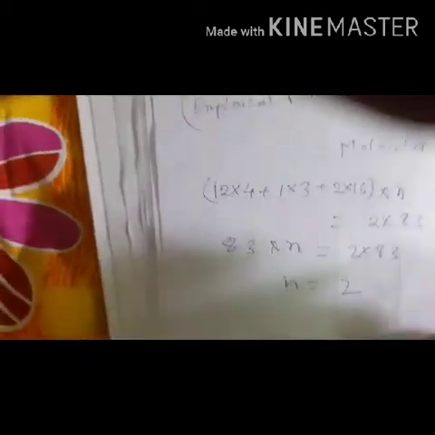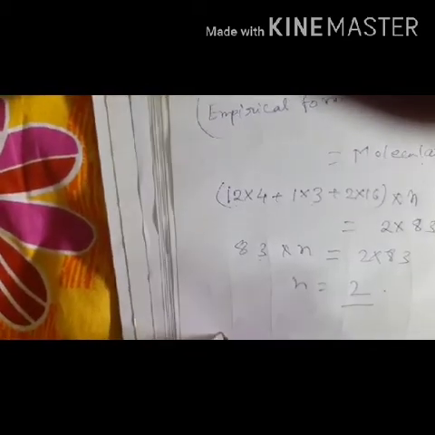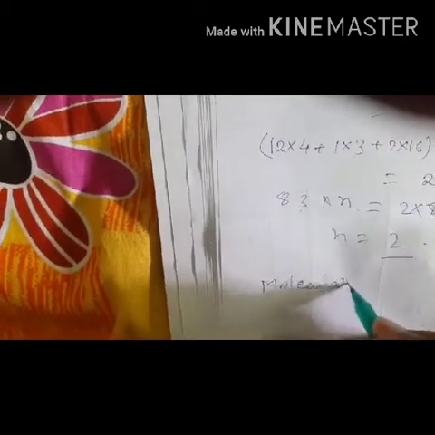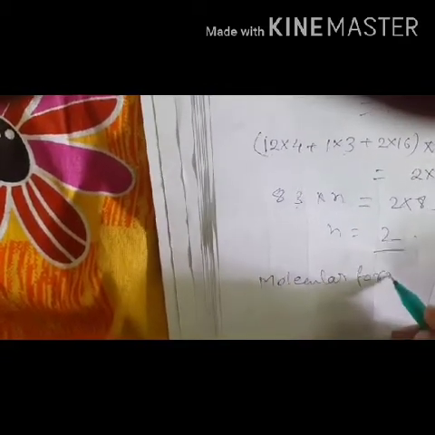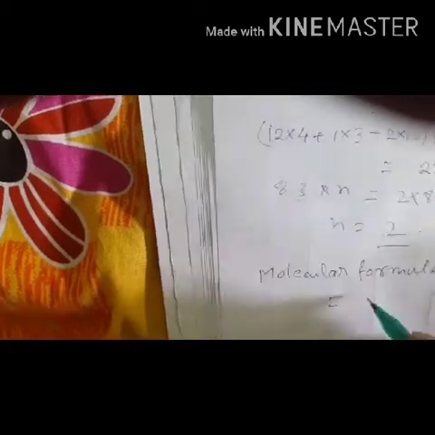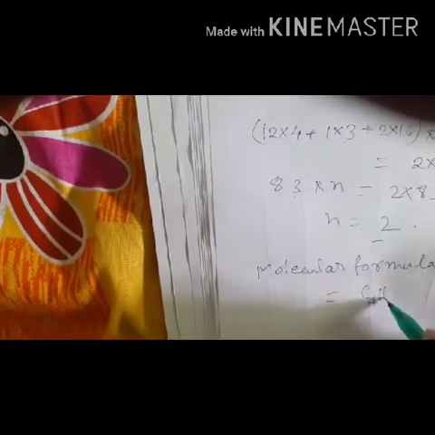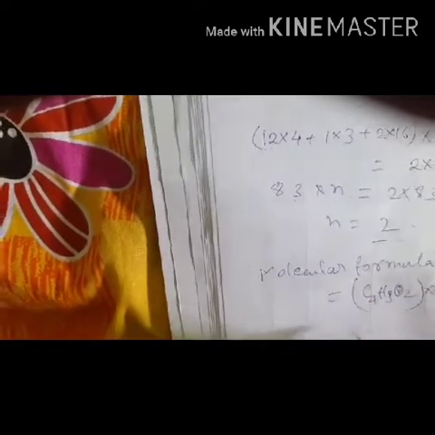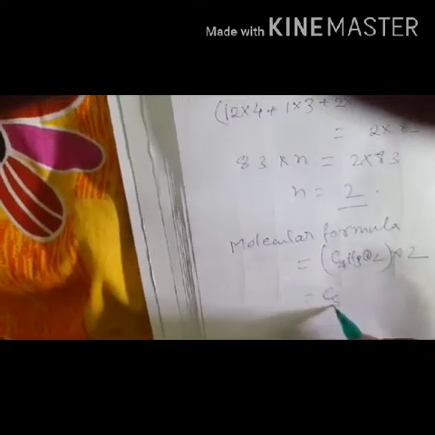As n equals 2, now you can get the molecular formula. The molecular formula equals C4H3O2 into 2, then what is coming?